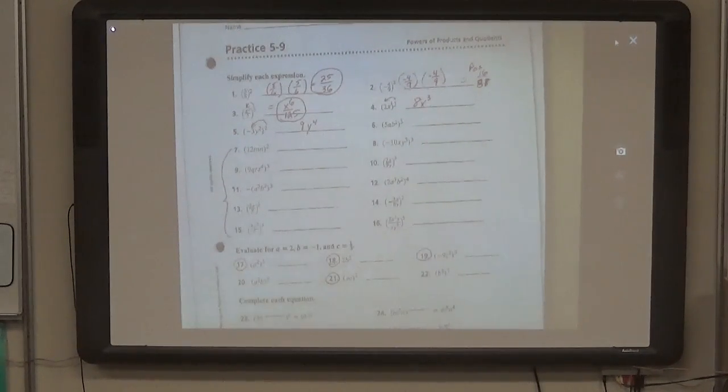Look at number 17. A squared, when a is 2, so it'd be 2 squared to the 3rd power. First do the inside parentheses. You don't do that right away.